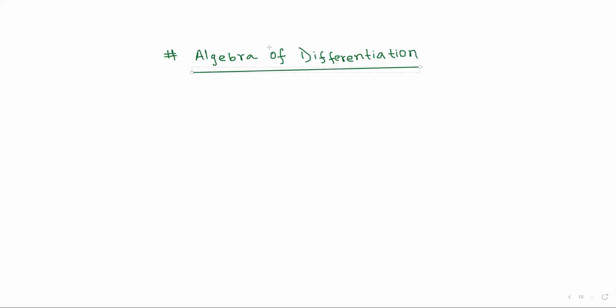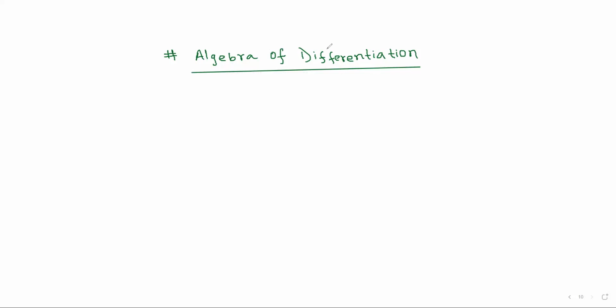The next thing that we discussed here is algebra of differentiation. This is a very important point.